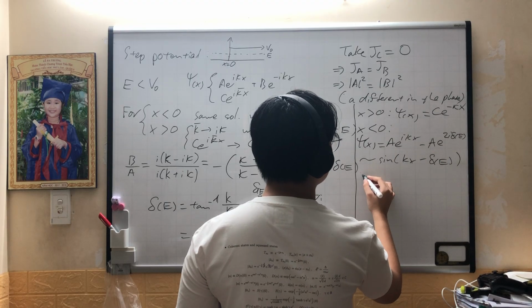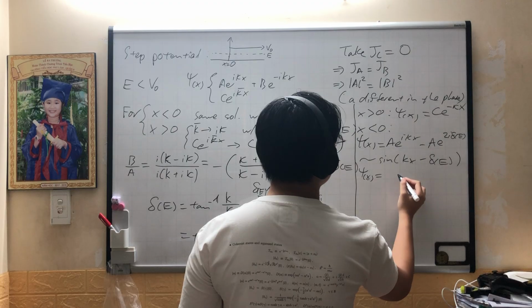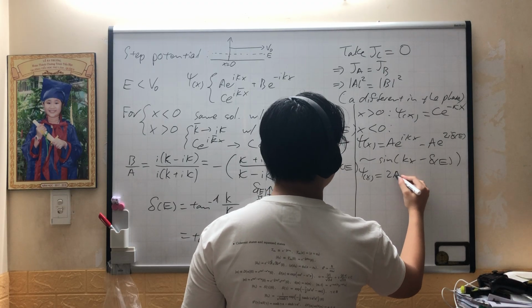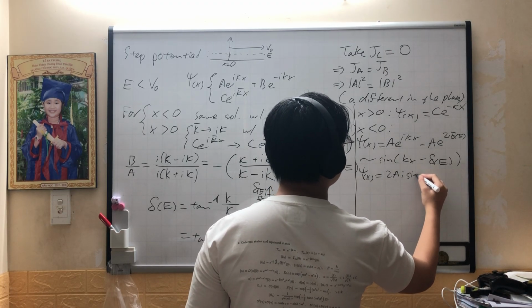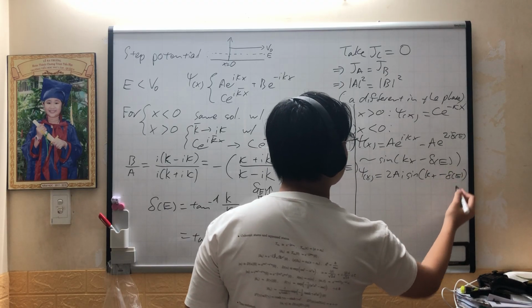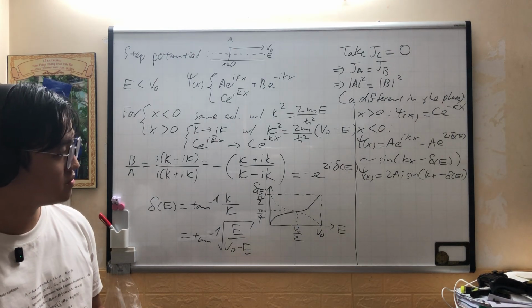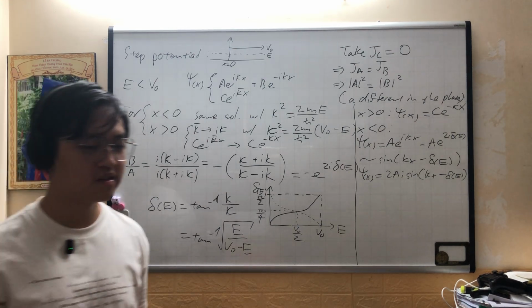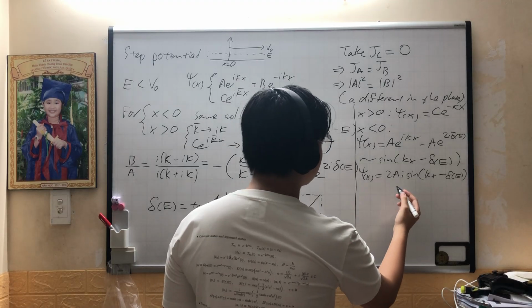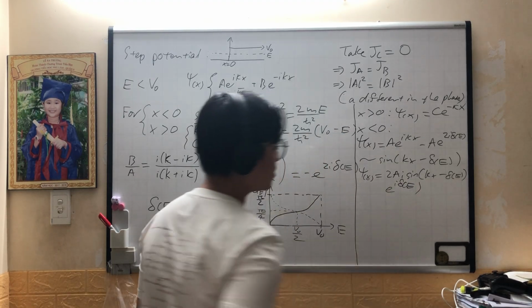And to be more precise, that would be 2Ai sine of kx minus delta of e. Right, okay, I forgot the phase. The phase is times e to the 2i delta.